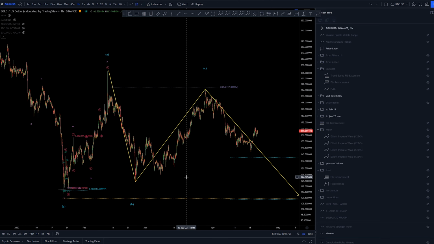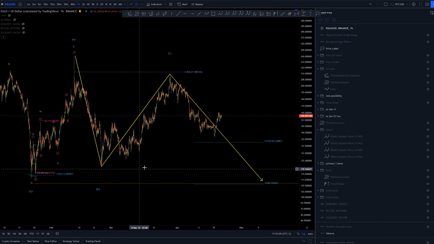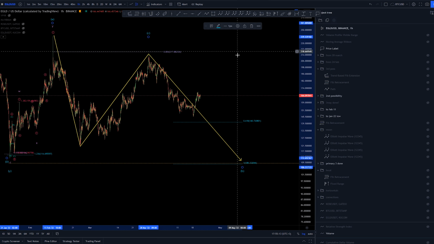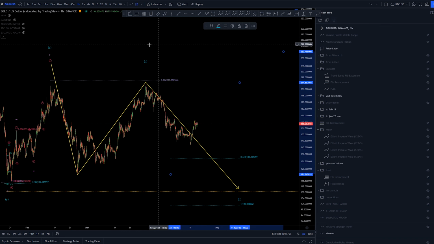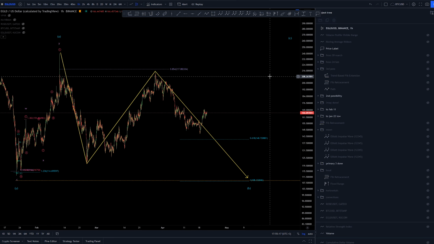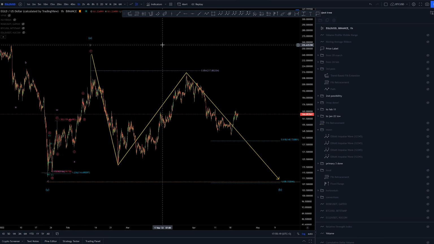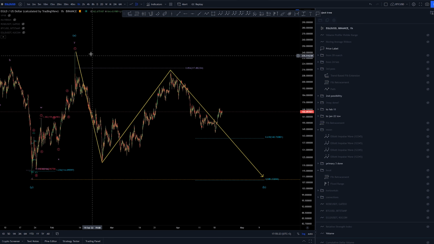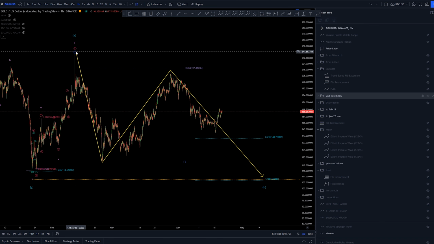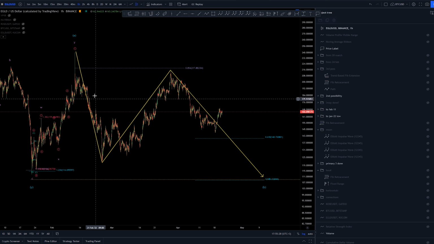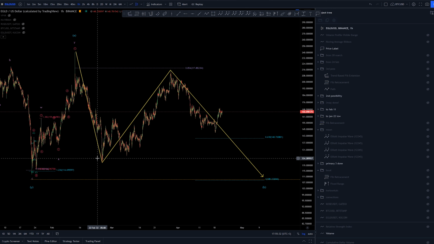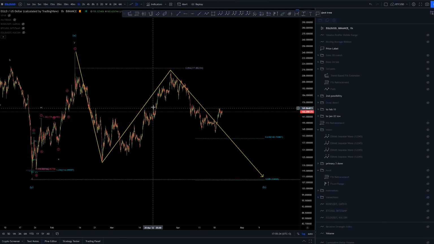Now the second possibility is this one, where we have another move taking the B wave somewhere here, and after that another C wave somewhere. This would make the B wave larger, and would make it possible that this first move here is actually a 5 wave move, as it looks like a more impulsive structure.